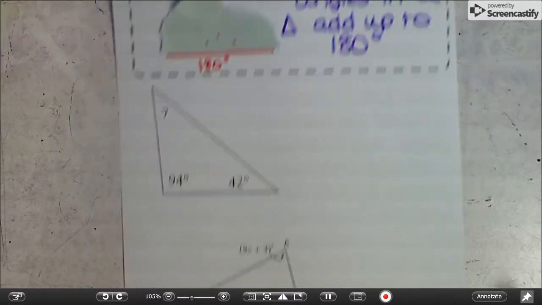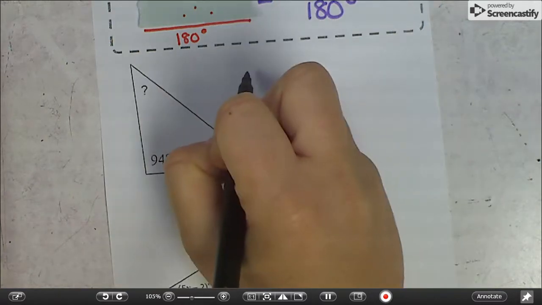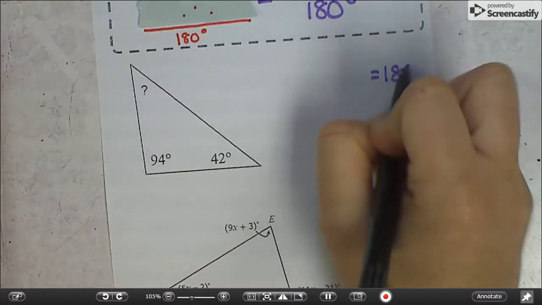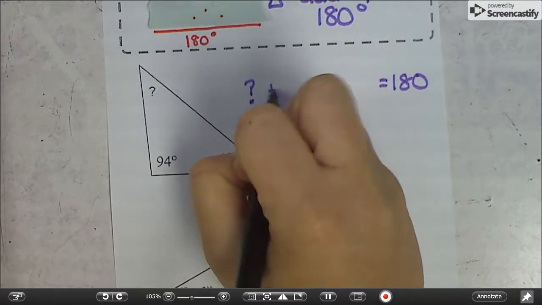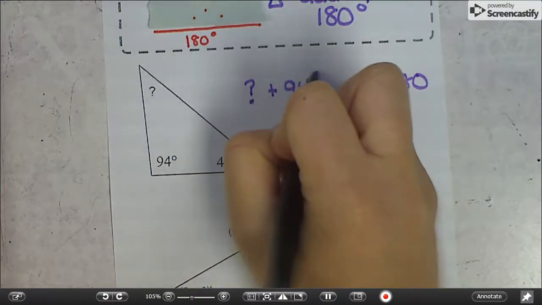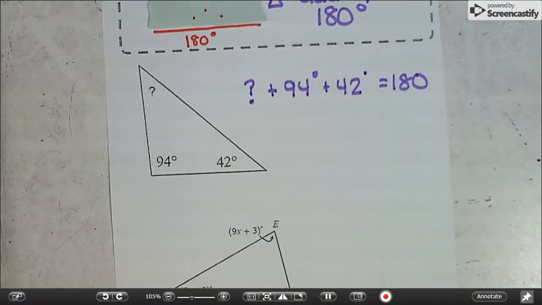We're just going to do three problems. The first one is very basic. There are 180 degrees in a triangle, and the three angles add up to 180. So I'm just going to use what we have in the picture. Question mark plus 94 plus 42 equals 180. So we'll combine like terms.